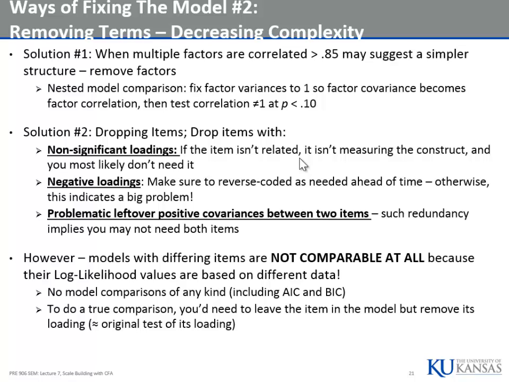Okay. Getting into ways of fixing the model, part 2, we can reduce the number of items, reduce the number of factors. Actually, if we had more than one factor, this would be one of the cases. But what we can do for us, we're going to drop items. I say here drop items with non-significant loadings.